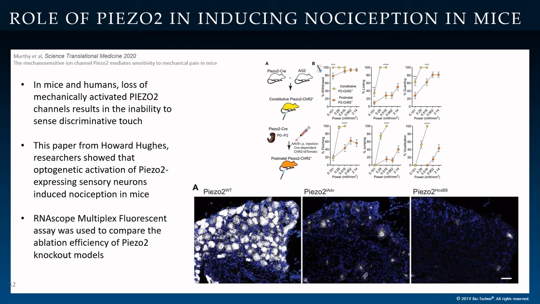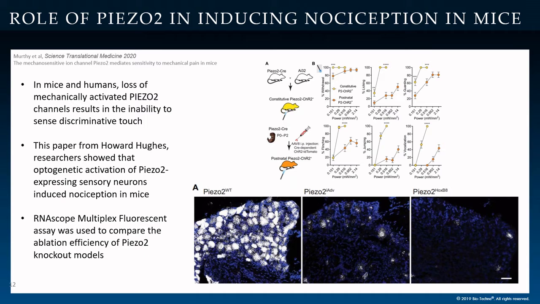So in mice and in humans, loss of mechanically activated piezo2 channels was known to result in the inability to sense discriminative touch. So in this particular paper from Howard Hughes research facility, the scientists showed that the optogenetic activation of piezo2 expressing sensory neurons induced nociception in mice.